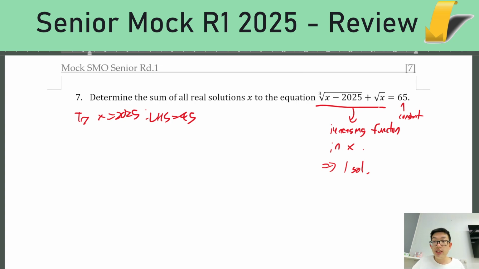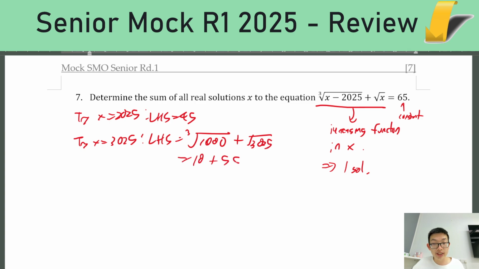So it makes sense to take, let's say, x minus 2025 to be 10 cubed, which is 1000. And lo and behold, that actually is your answer. Because square root of 3025 is 55 exactly. So this is the answer.